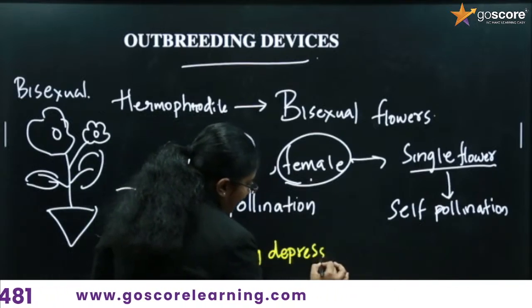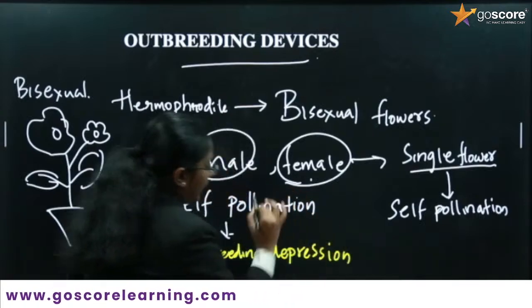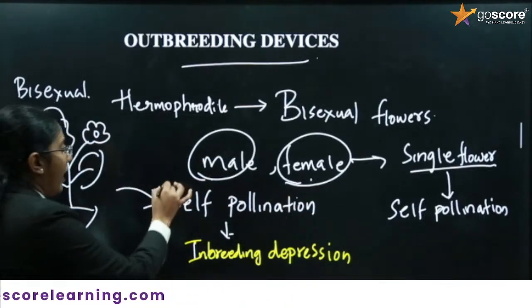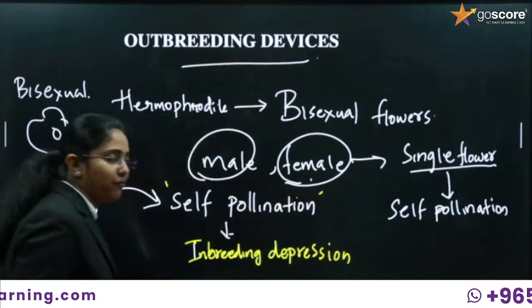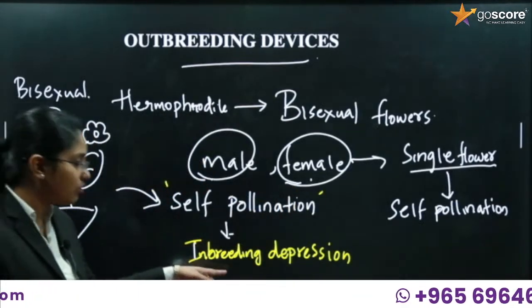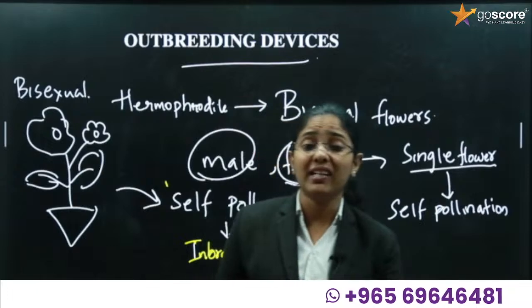If continuous self-pollination happens, it leads to inbreeding depression.